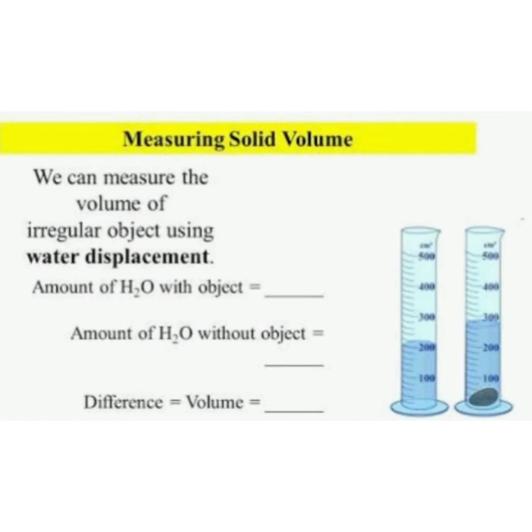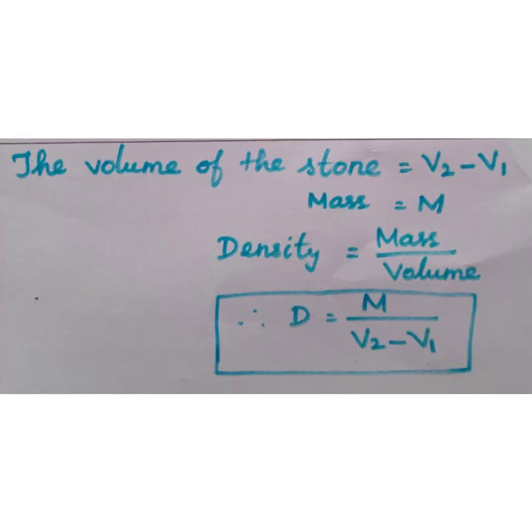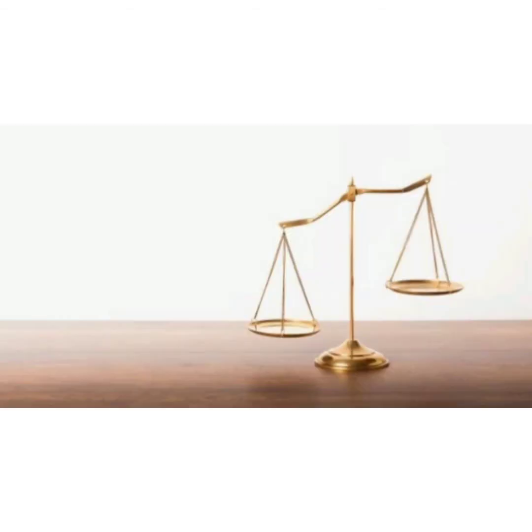From these two values, we can find the volume of the stone. The volume of the stone is V2 minus V1, that means the final reading of water level minus the initial reading of water level. To find the mass of the stone, we can use a physical balance.